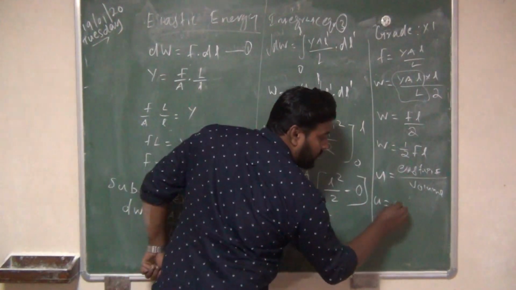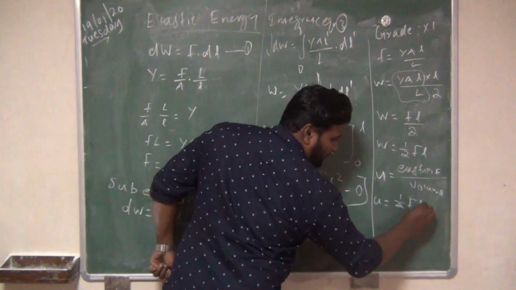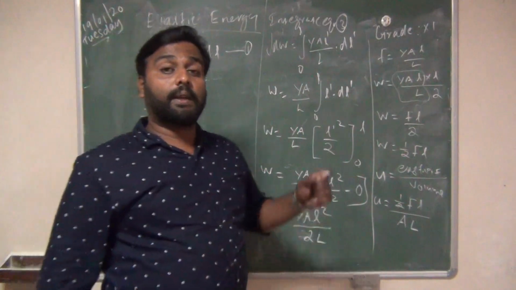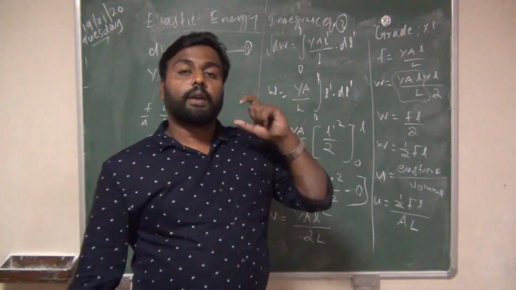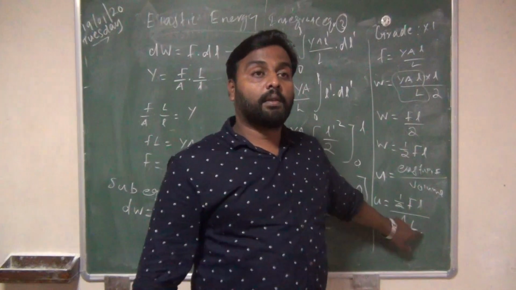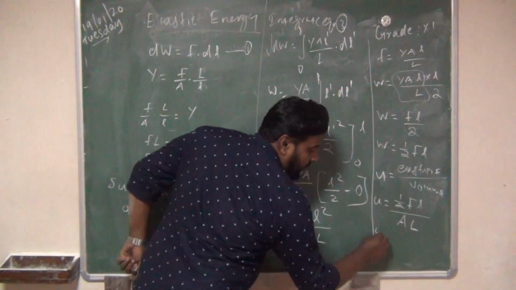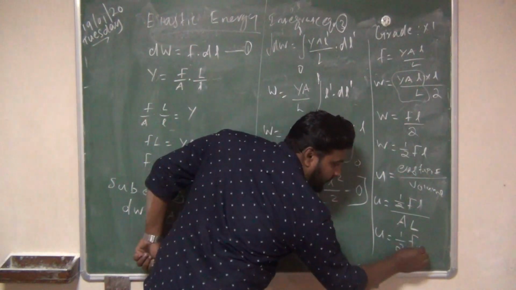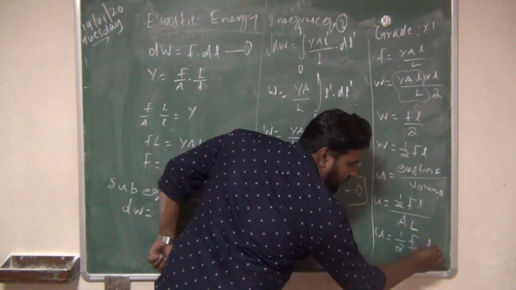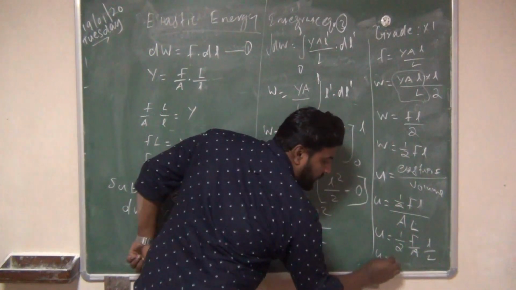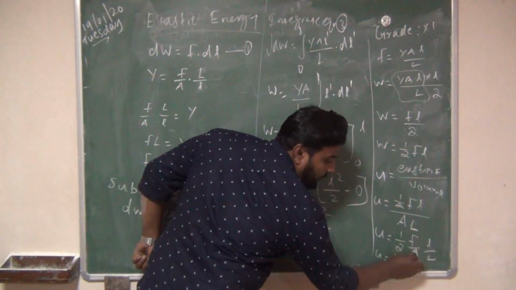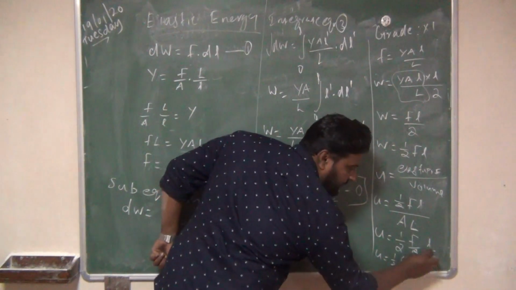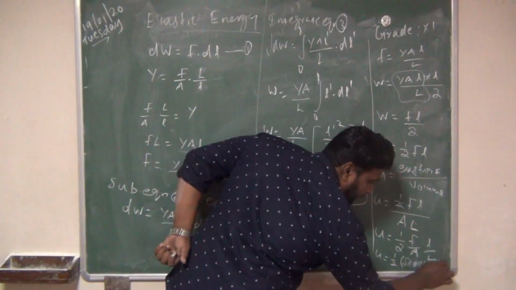So u equal to 1 by 2 FL divided by A into capital L. Area into length is the volume. So V is equal to area into length, A into L. From this equation you can write u is equal to 1 by 2, F divided by A, L divided by L. So you can write u is equal to 1 by 2 F by A, which means stress, and l by L means strain.